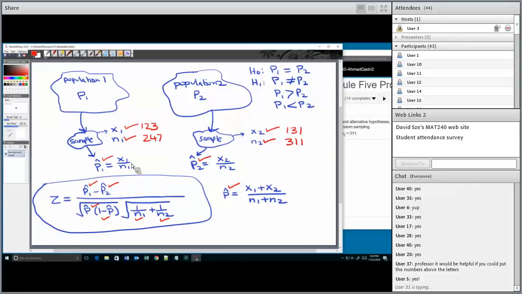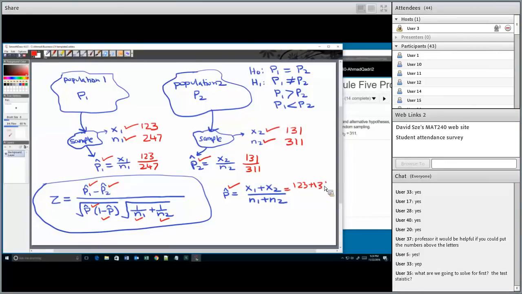So the rest I'm hoping you can just simply calculate, right? This is just 123 over 247. This is just 131 over 311, right? And then this is just 123 plus 131 divided by 247 plus 311.